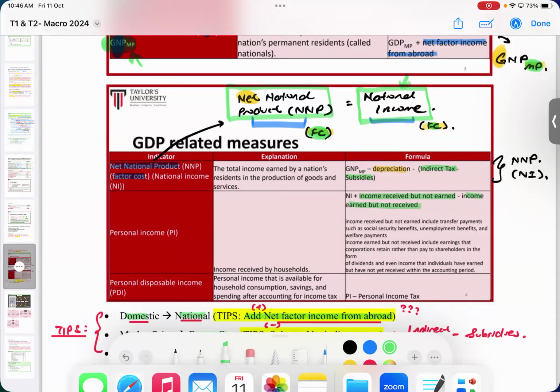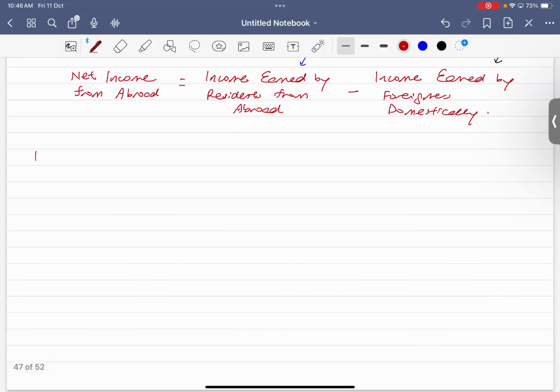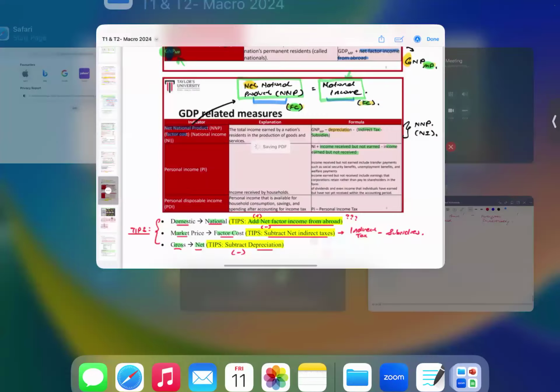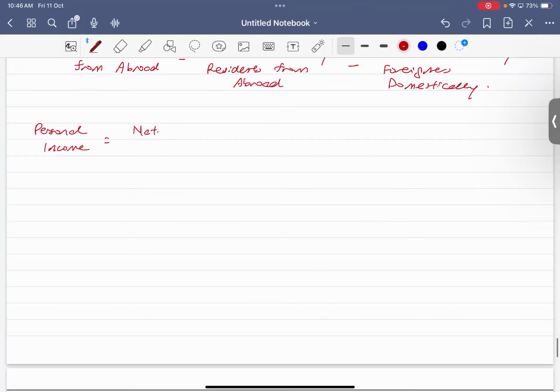Let's write it down. So to calculate personal income, I use the national income, or we call it net national product, just now.